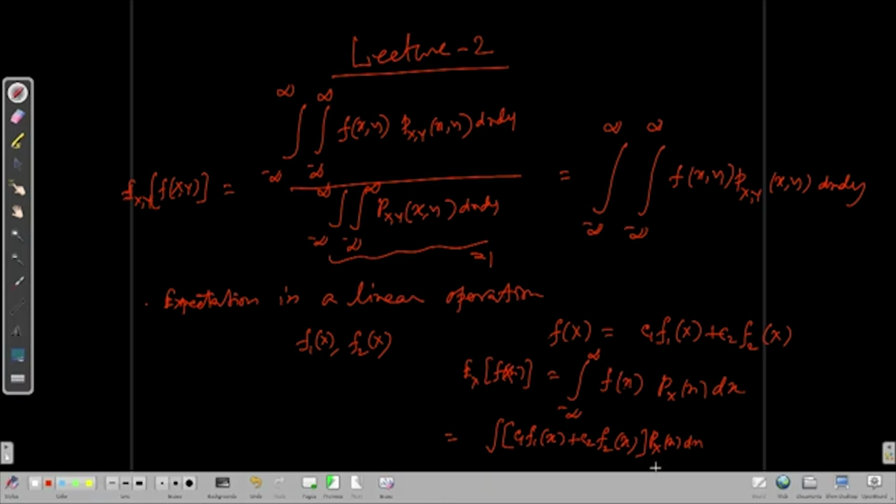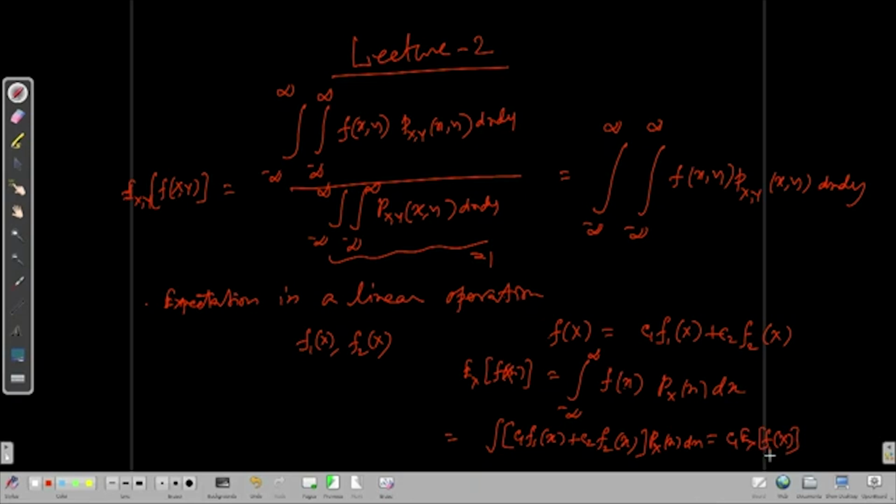Now we know the integral is linear. You can separate the integral into two integrals. One is C1 f1x into px dx, another is C2 f2x into px dx. So you will have C1 times the integral of f1x into px dx, which is the expected value of f1.